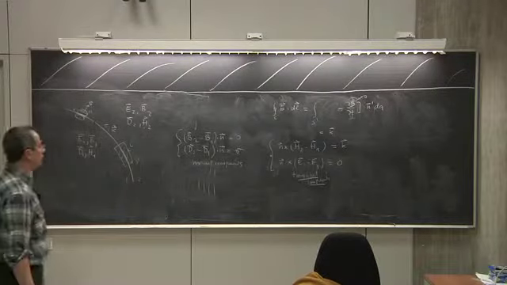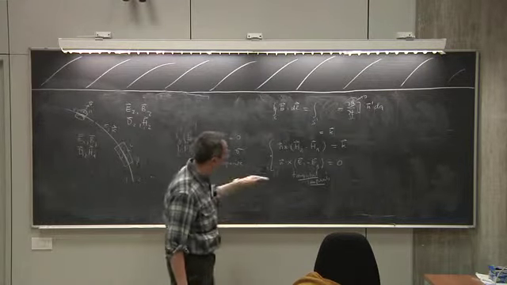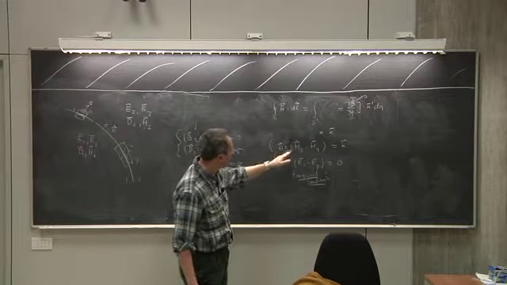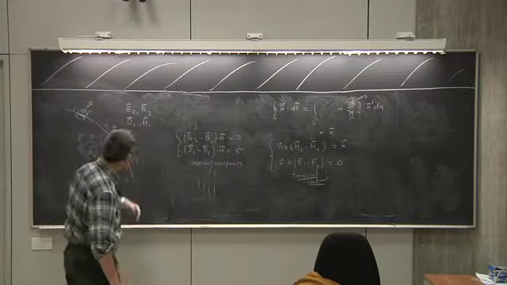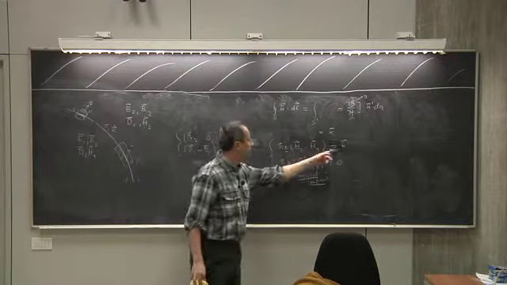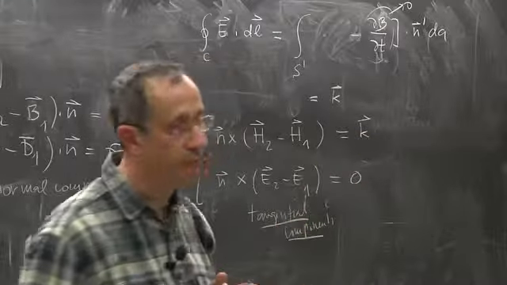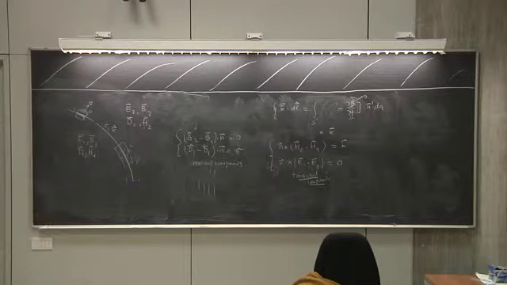The magnetic field has no surface charges, so it just stays the same. And the tangential are sort of the reciprocal, in which the tangential component of the H field jumps by an amount proportional to how much current you have on that surface, while the electric field doesn't care about that current, and it just goes through in a continuous way, the tangential, while the normal one jumps by the amount of the charges, okay?